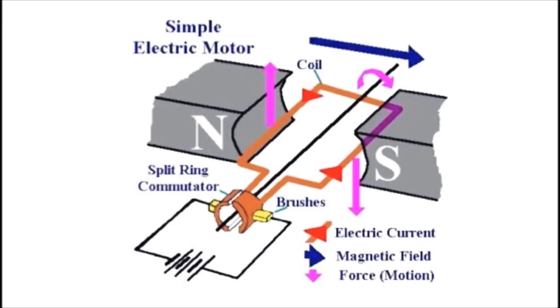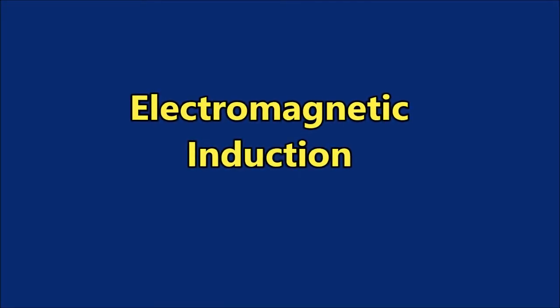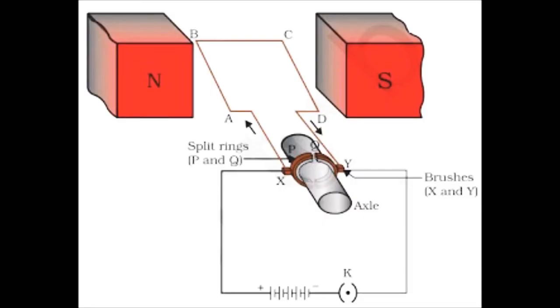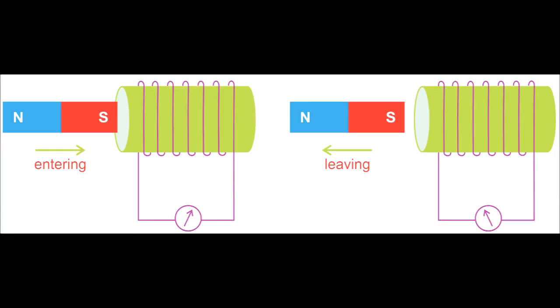Let us now discuss electromagnetic induction. We saw that a current carrying conductor placed in a magnetic field experiences a force in the electric motor. What if a conductor is moved inside a magnetic field, or the magnetic field is changing around a fixed conductor?